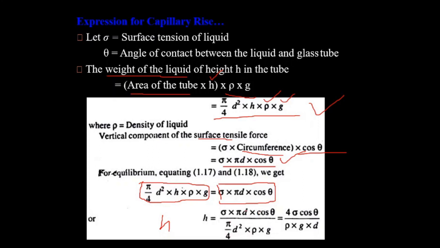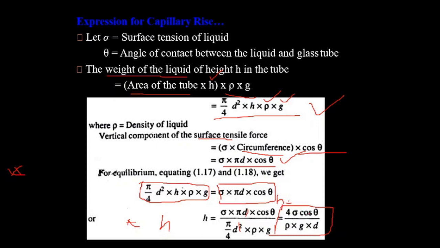By cancelling the terms, after simplifying, you will get h is equal to 4 sigma cos theta divided by rho g d. This is the important formula which you have to remember.